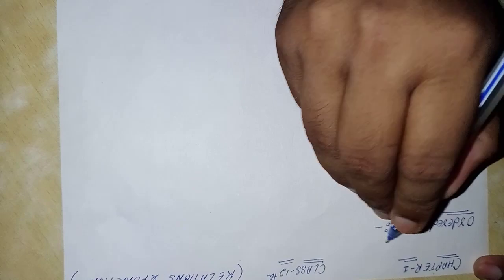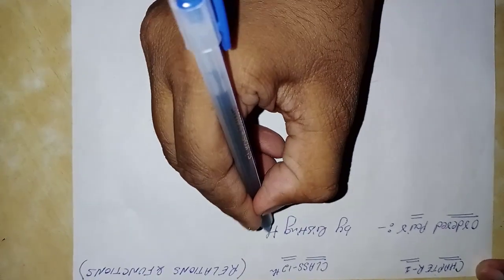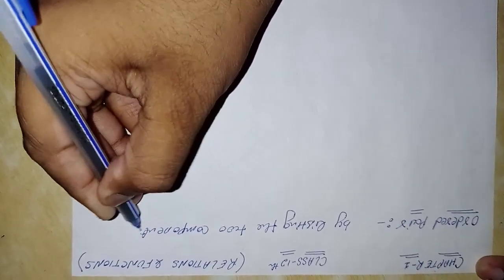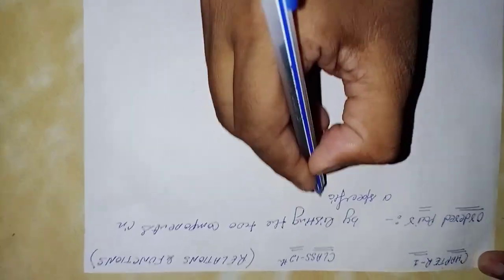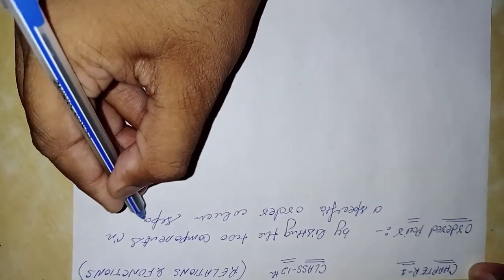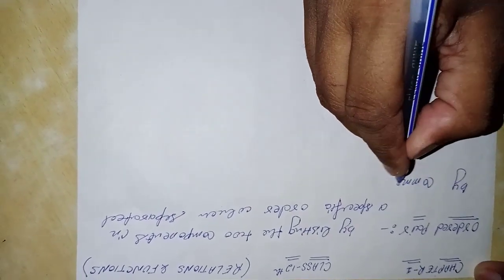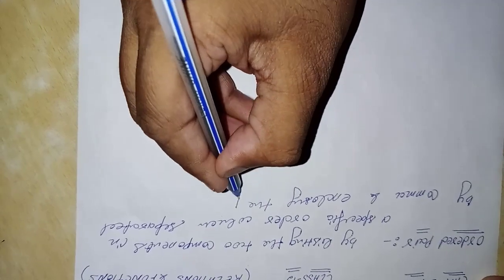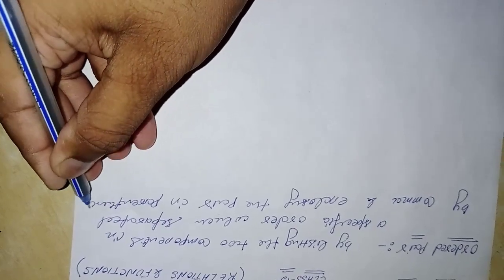It means an ordered pair can be written by listing the two components in a specific order, which is separated by a comma, and including the pair in parenthesis, means bracket.